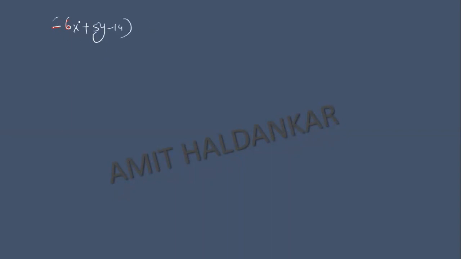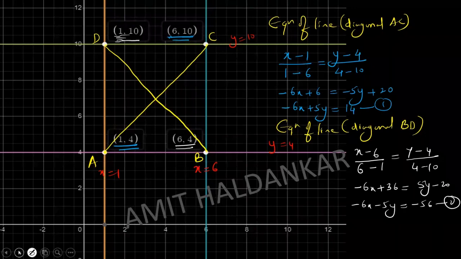And the second equation that you will multiply over here is minus 6x minus 5y plus 56 is equal to 0.